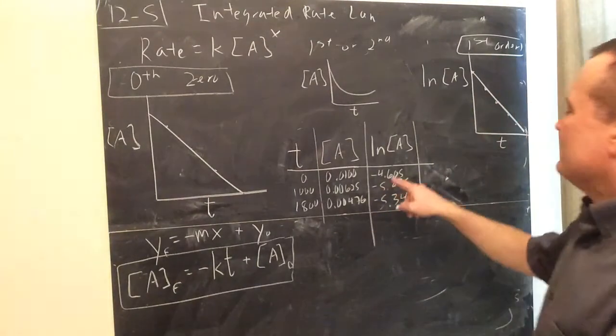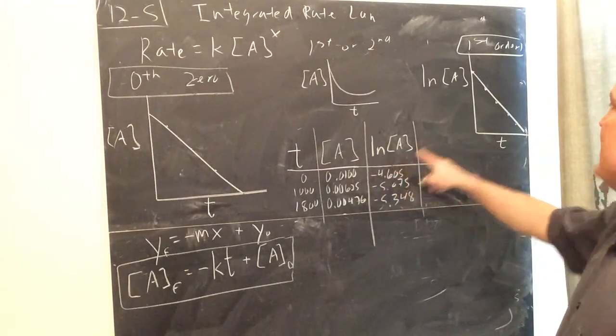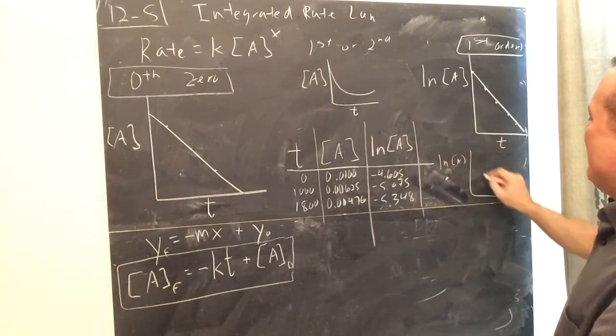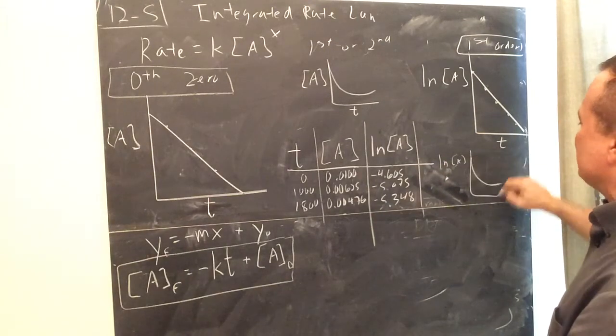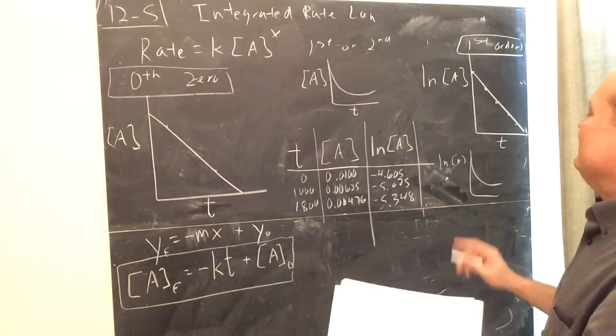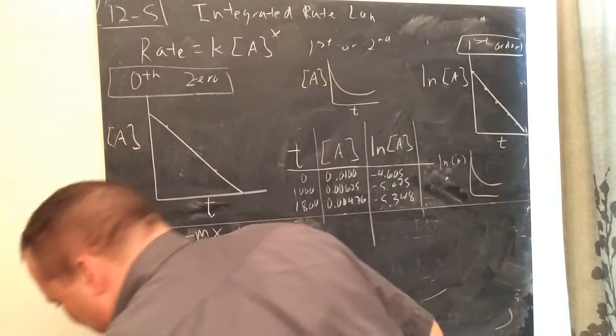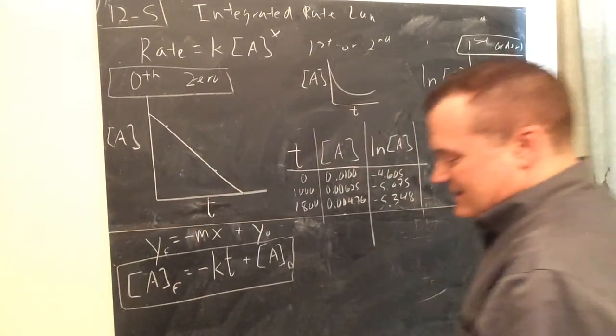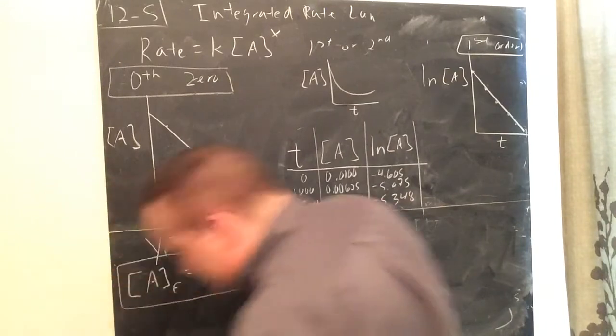But what if you take the natural log of A and you graph it, and you get a curve or something, you don't get a straight line. Oh no! Well then you do one more thing, and that will be what becomes second order. Then you're going to take the inverse.